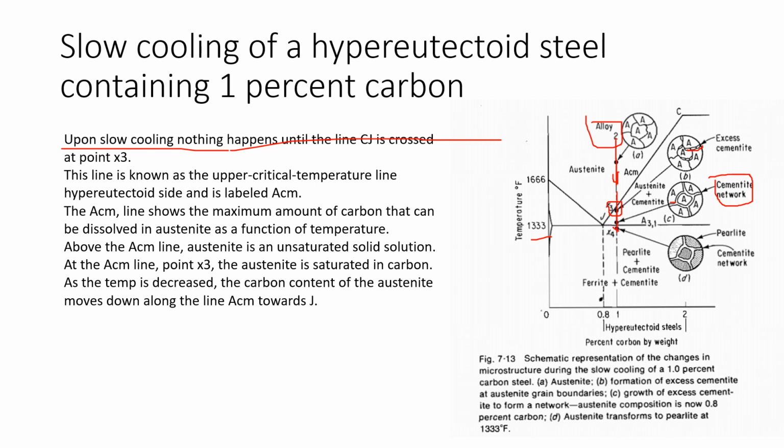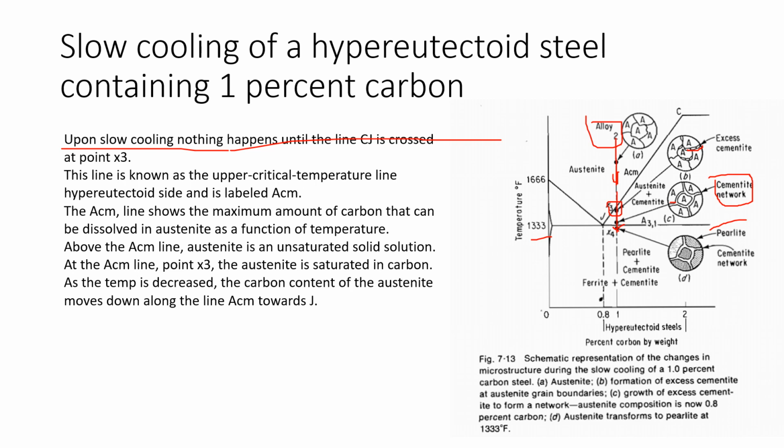If we cool further to point x4, the remaining austenite is converted into pearlite, surrounded by the cementite network, and this is now the equilibrium condition. So at point D, austenite transforms to pearlite at 1333 degrees Fahrenheit.